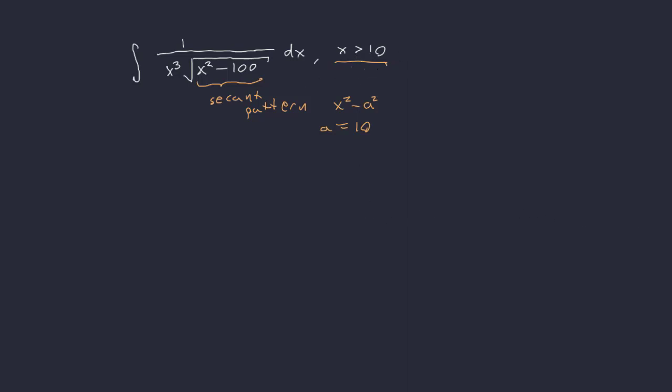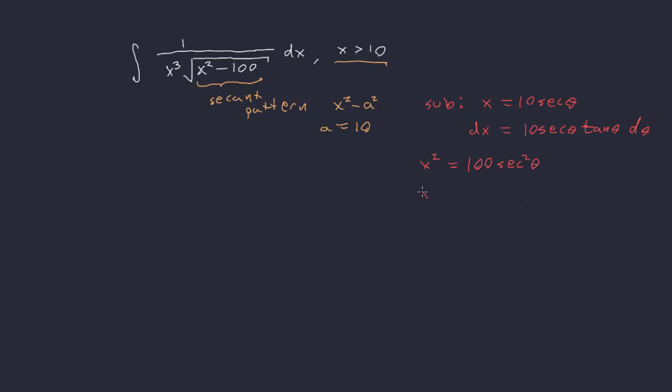Right? I think if you look at all the examples we've done with the secant inverse, that's usually given to us like that. Okay, so our substitution, we're going to do x is equal to 10 secant theta. So then dx ends up being 10 secant theta tangent theta d theta. Okay, so here we have some extra stuff too. So the x squared becomes 100 secant squared theta.